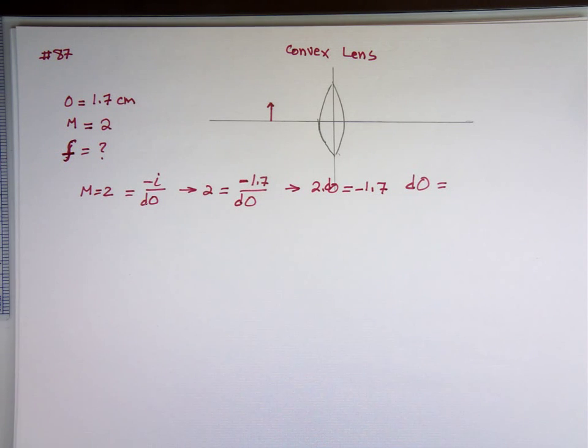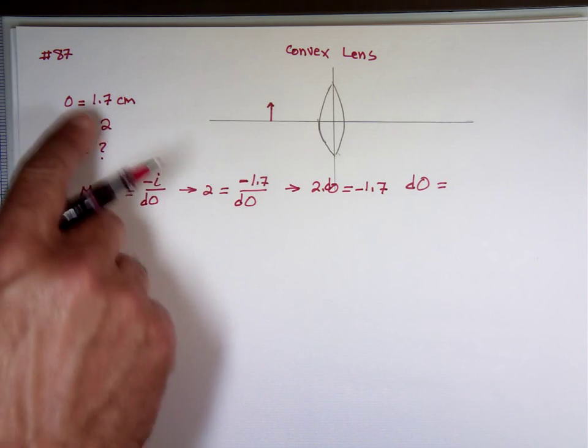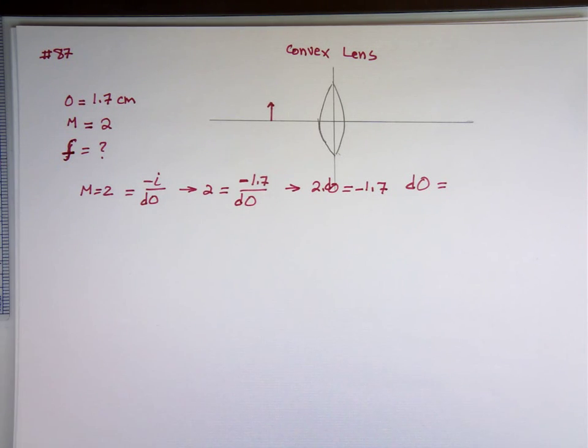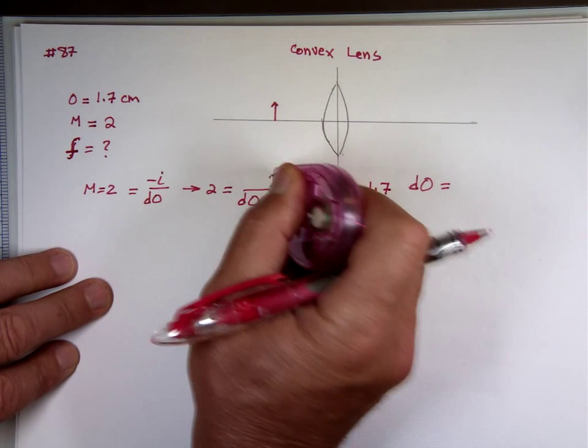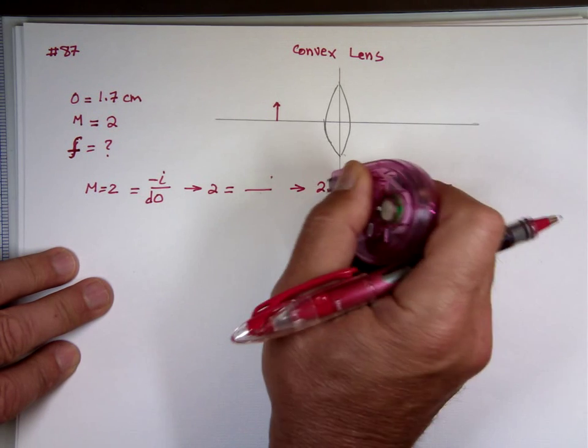Distance of the object is negative 1.7. Oh, I had them backward, right? Object is 1.7. God. I gotta stop with the medicine.